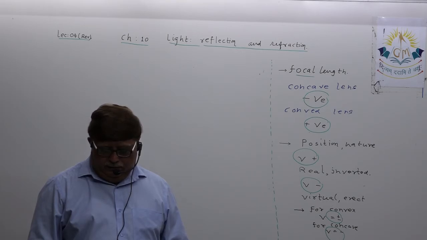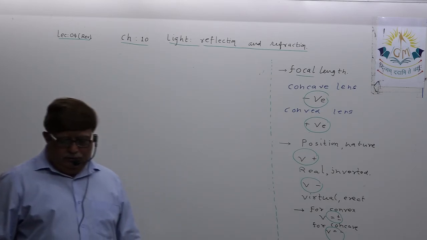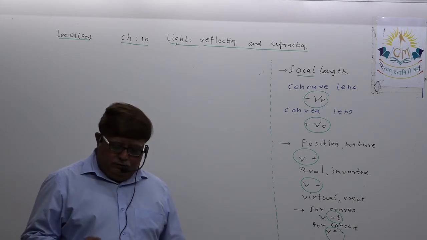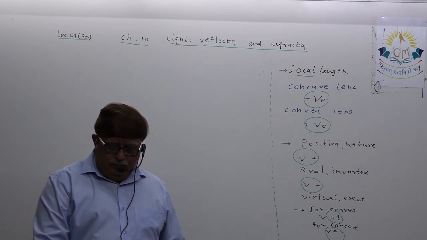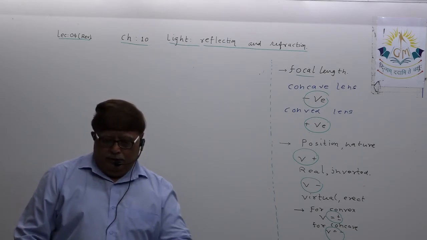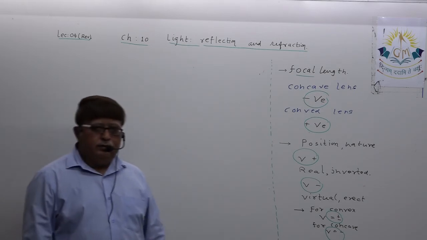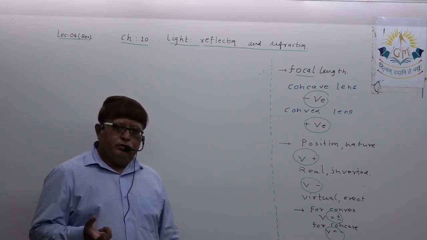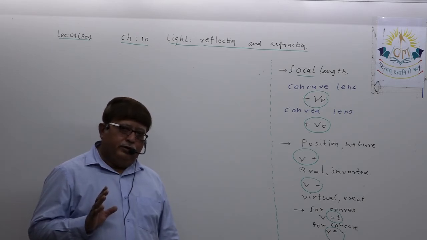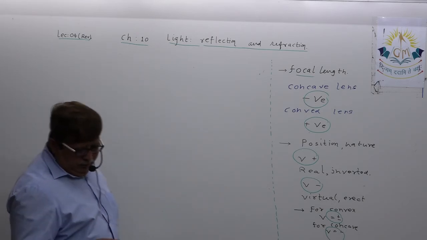Find nature, position and size of the image and also find its magnification. Okay. So dear student, before you solve this example, the type of the lens needs to be struck in your mind. It is convex lens.